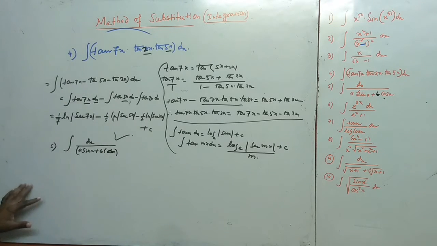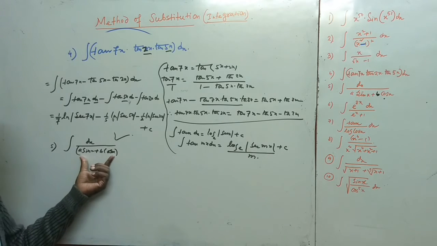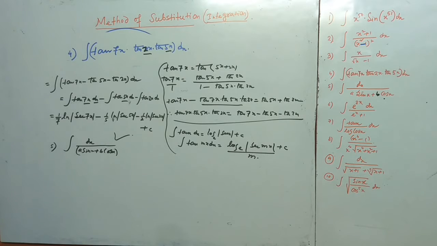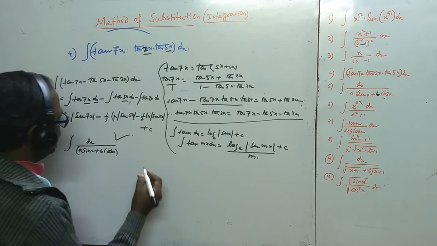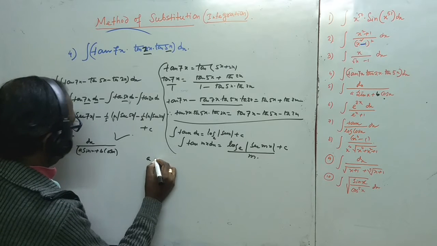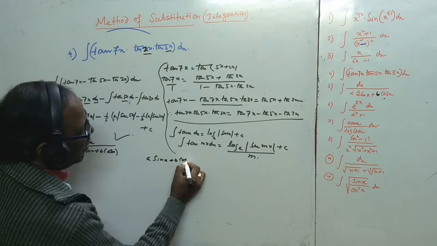And this formation is a trigonometrical compound angle. We always convert this expression to a whole sine or whole cos, okay. Now we have a and b as constants, a sin x plus b cos x.